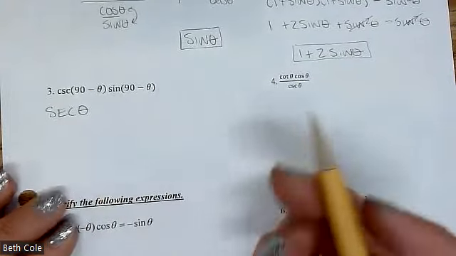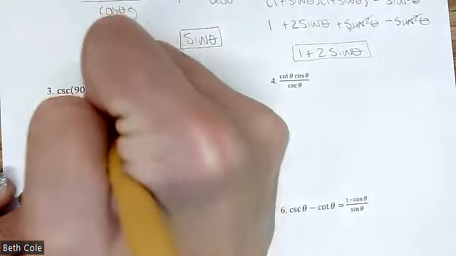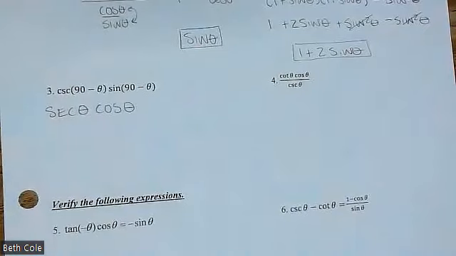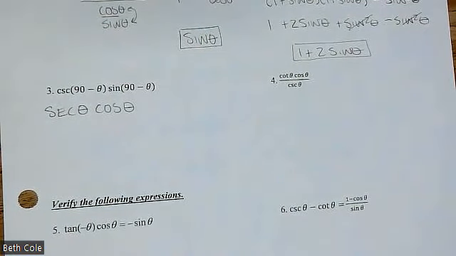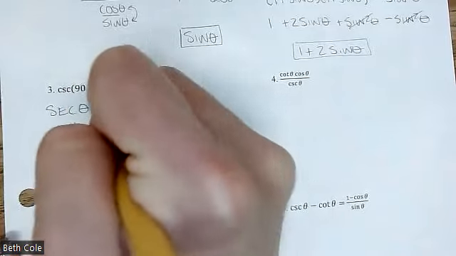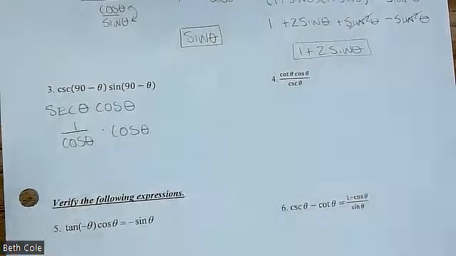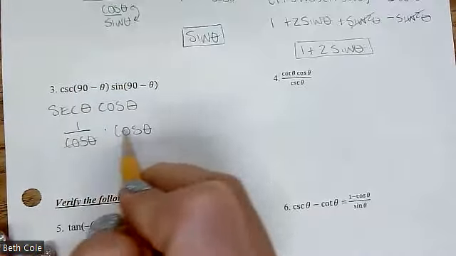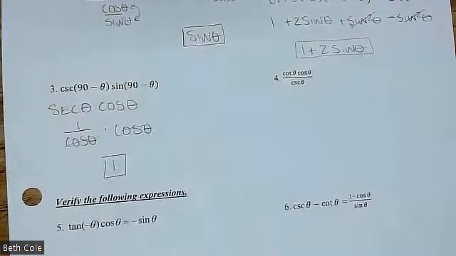And then sine, if you add a co, it is cosine. So that's what we've got so far. Now it's what can I replace? What can you replace secant with? 1 over cosine times cosine. Those cancel, and you just get 1. Beautiful.